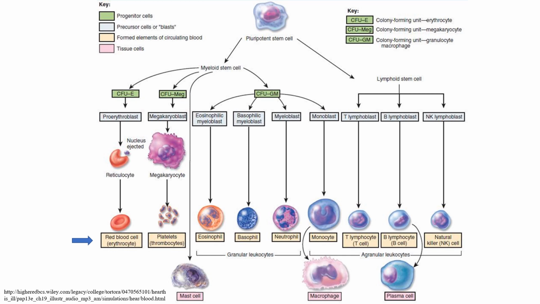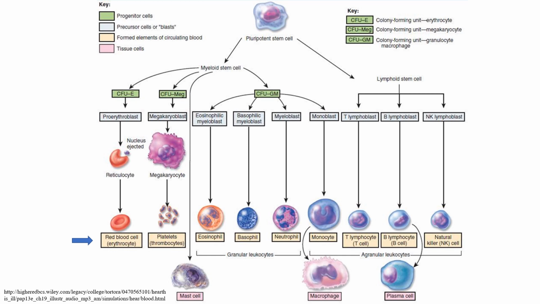So pluripotent stem cells will then start to differentiate into what are called myeloid stem cells and lymphoid stem cells. Once these cells become myeloid stem cells, they can become any of these types of cells right here. And we'll continue to talk about this diagram later.